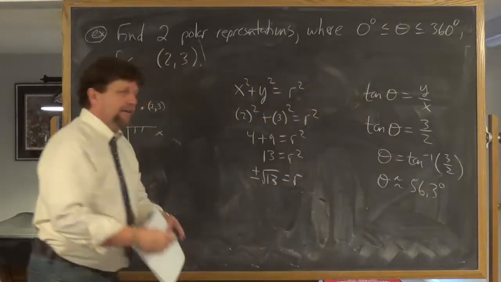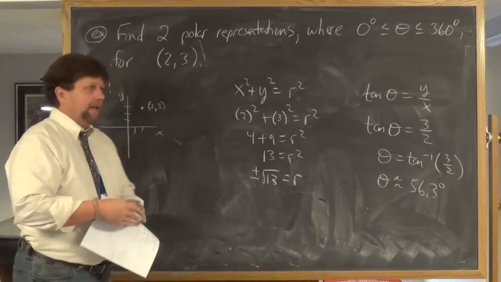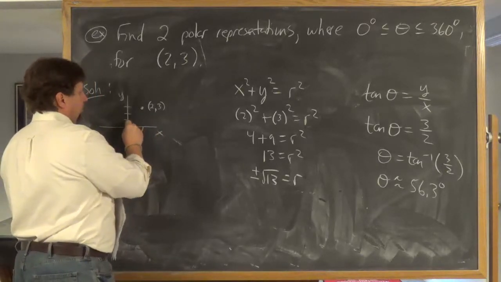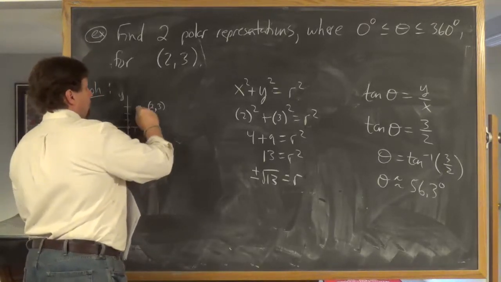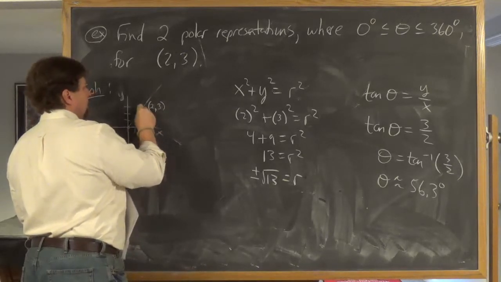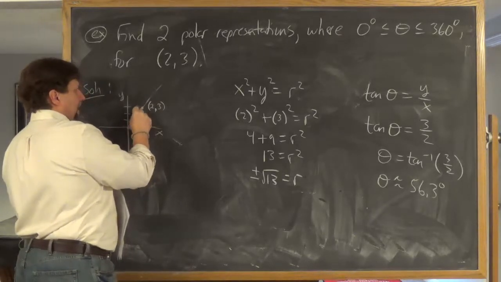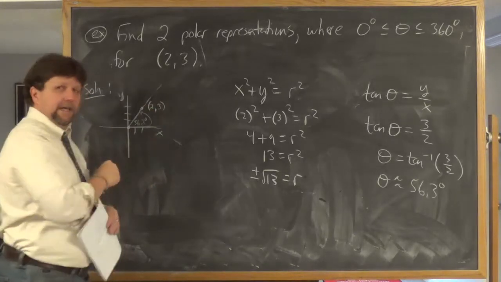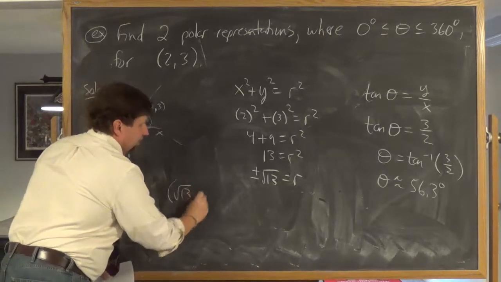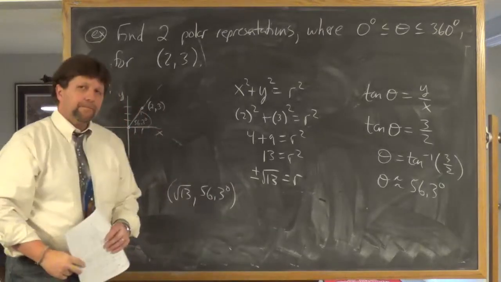So I can find one polar representation immediately for this point. I take my polar axis and rotate it up 56.3 degrees. Then my directed distance is positive square root 13. So let's write that down: square root 13, 56.3 degrees.